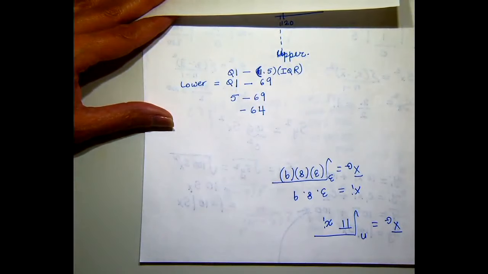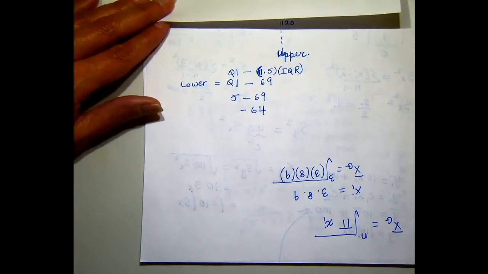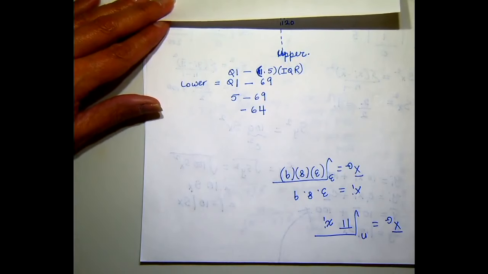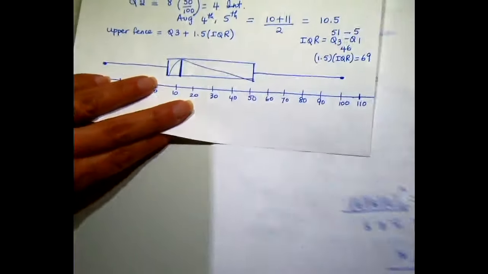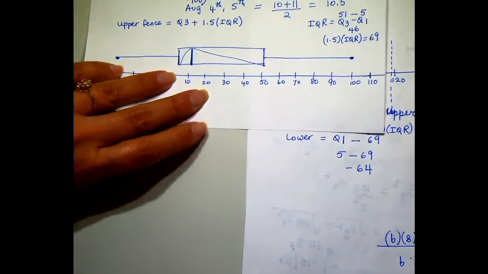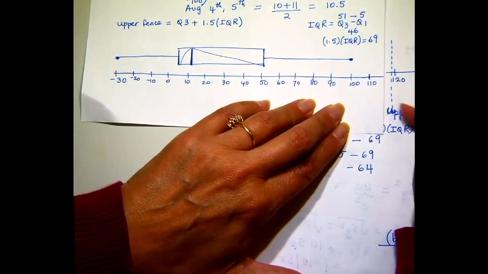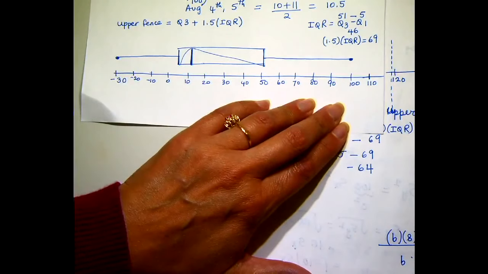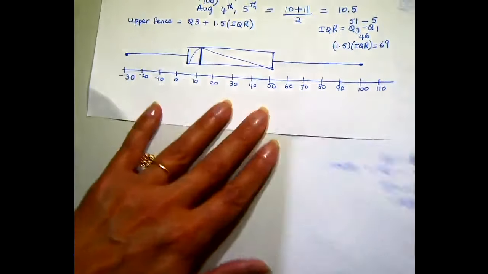So 1.5 IQR is 69. The Q1 was 5. So it's at minus 64, which is to the left of any data value that I see. Get it? So the same thing that's happening here, where the upper fence is here and there are no outliers, the same thing happens on the left-hand side. So you wouldn't see any outliers anywhere.